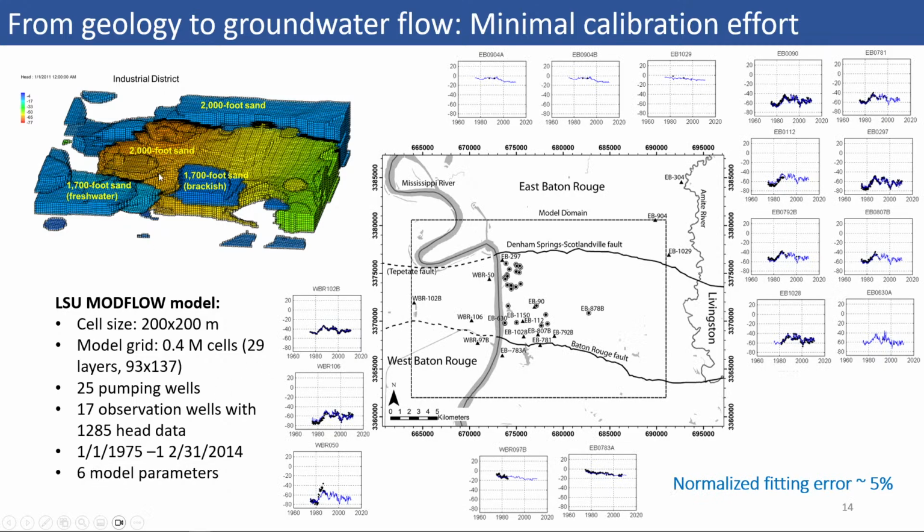This model, for example, has 6 parameters to calibrate. These parameters include one hydraulic conductivity value, one anisotropy value, one specific storage value, 2 conductance values, one at this fault and one at this fault, and one tuning parameter for my boundary condition. And you see, this is a very good calibration.